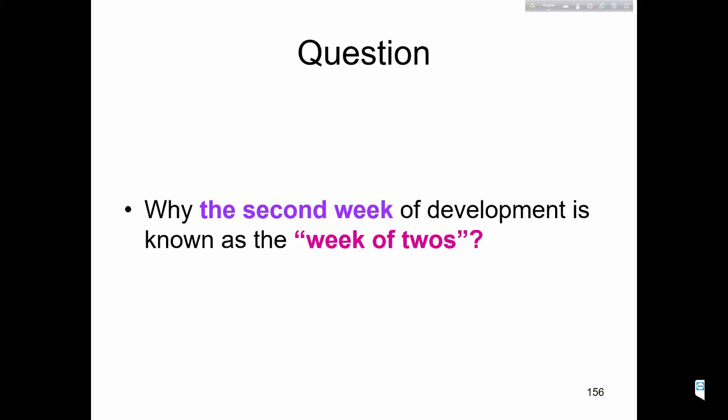Now there is a very common question which comes in the prof exam in SAQ: Why is the second week of development known as the week of twos? You can write it in your copy and you have to submit it. I will tell Dr. Masoom to collect it from you.